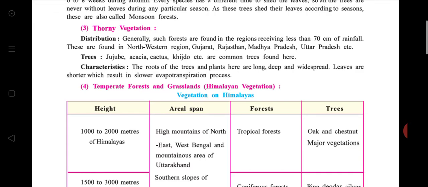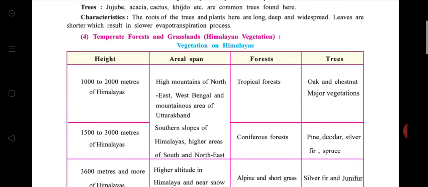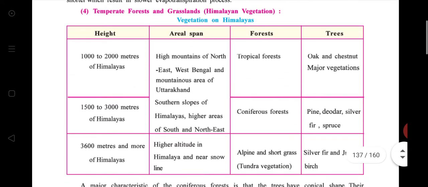Then thorny vegetation, with mostly less than 70 centimeter rainfall, found in Gujarat, Rajasthan, Madhya Pradesh, etc. Trees like jujube, acacia, cactus, and the roots of trees and plants are very long, deep, and widespread.